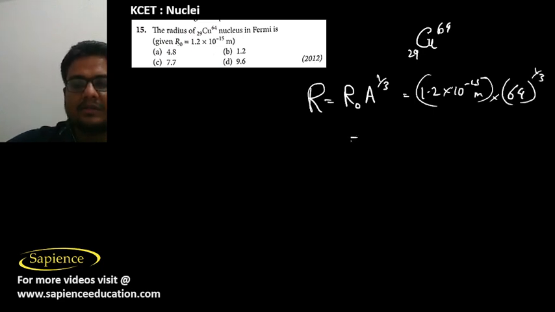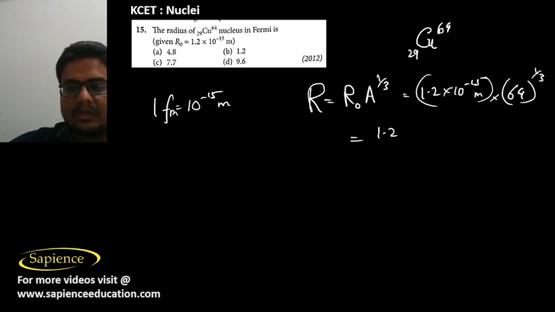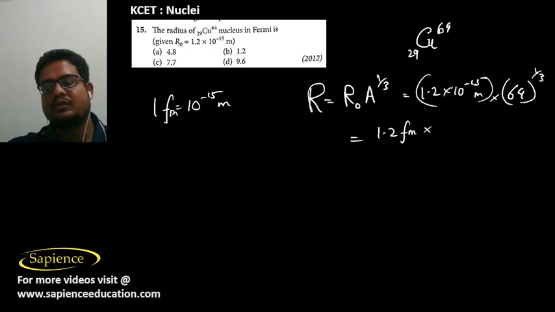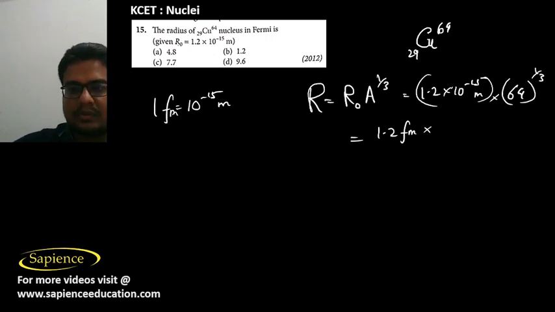You have to find its cube root. 1 Fermi means 10 power minus 15 meter. So I can write this as 1.2 Fermi into 64 power 1 by 3, which is 4. This is 4.8 Fermi. So option A is the correct one.